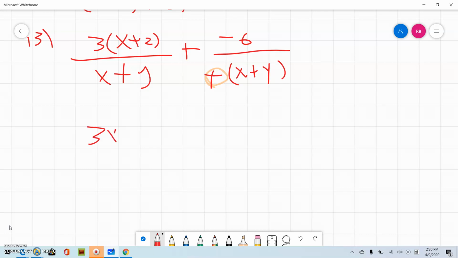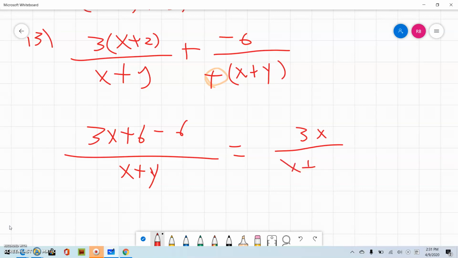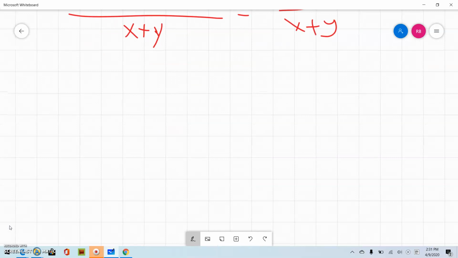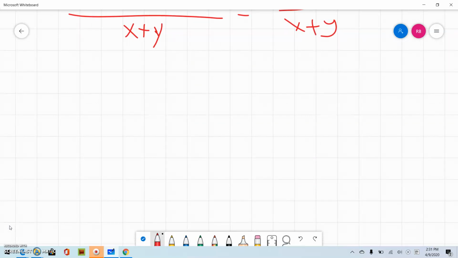The reason I do that is because it's a lot easier to deal with it this way than try to multiply the first fraction by -1. So the answer is simply 3x over x plus y. So the negative number manipulation is actually a key to get better at more complicated manipulation with algebra.